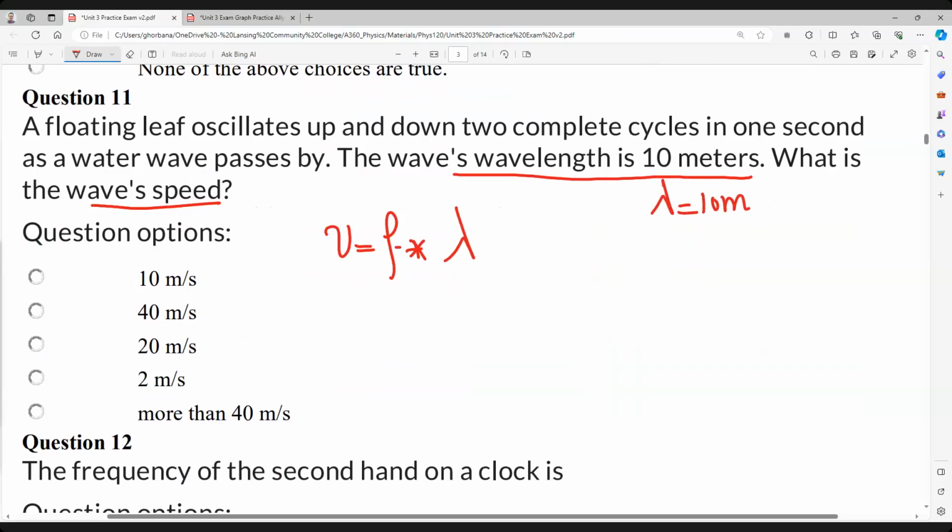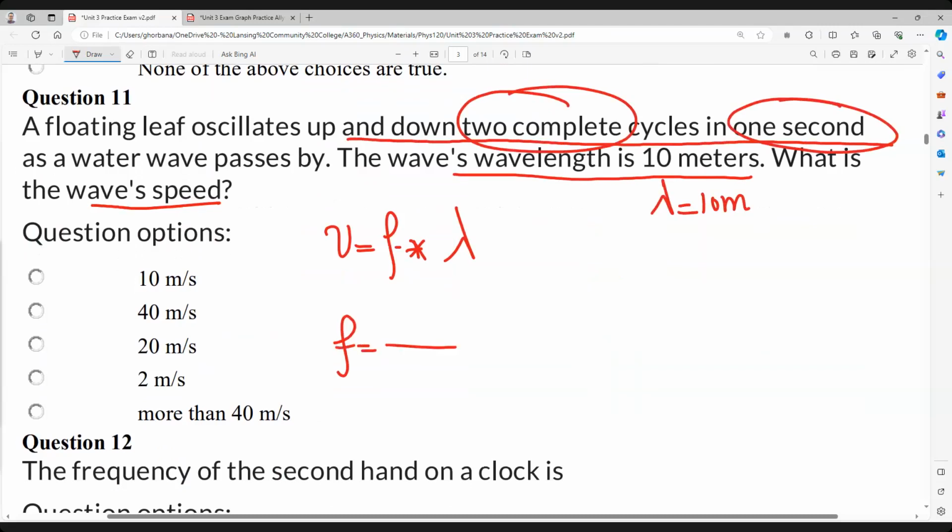How many vibrations? 2 vibrations in 1 second. So the frequency is 2 vibrations over 1 second, which is 2 hertz. So the velocity is 2 hertz multiplied by 10 meters, which is 20 meters per second.